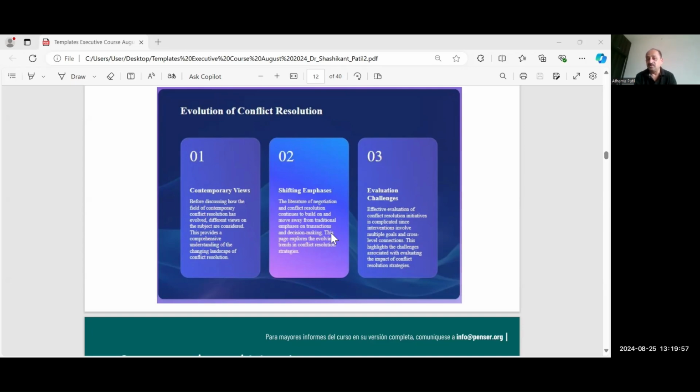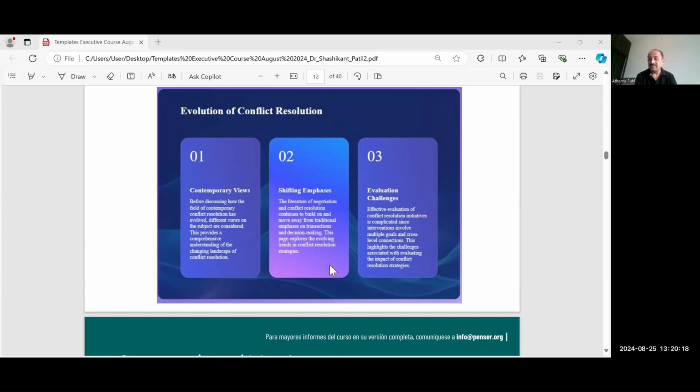The second point, how it has evolved, is shifting emphasis. The literature of negotiation and conflict resolution continues to build on and move away from the traditional emphasis on transactions and decision making. So there is a need to move from conventional things. This page explores the evolving trends in conflict resolution strategies.